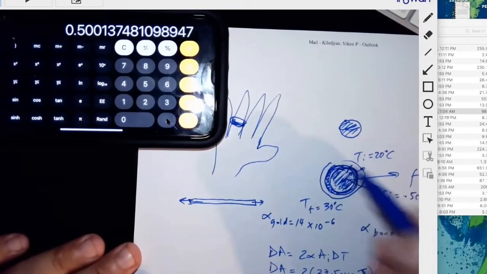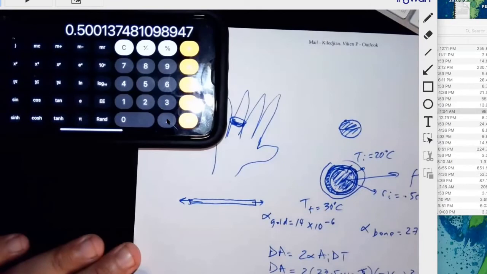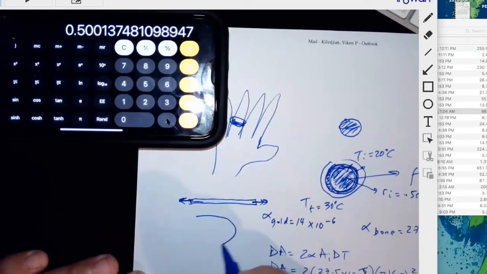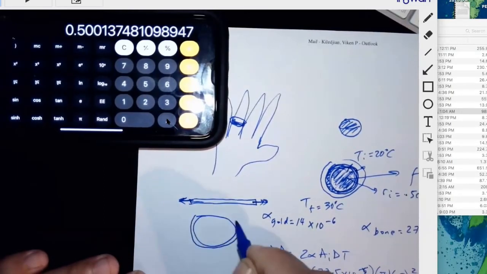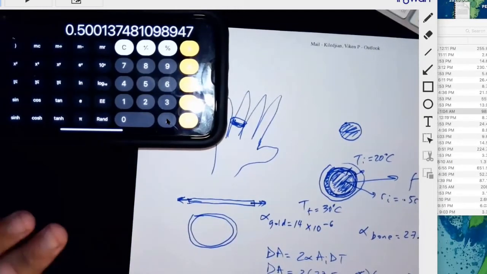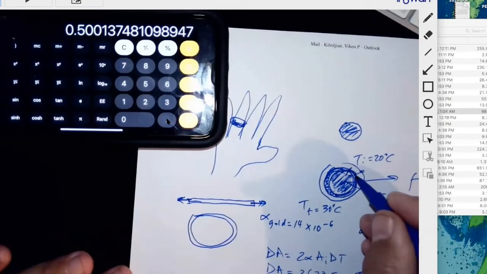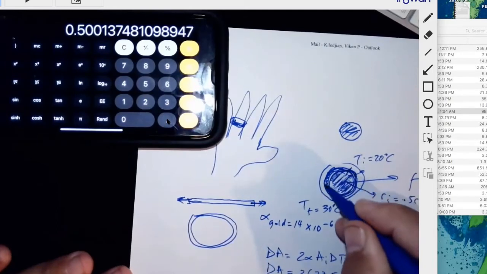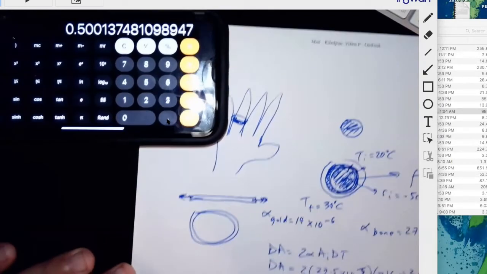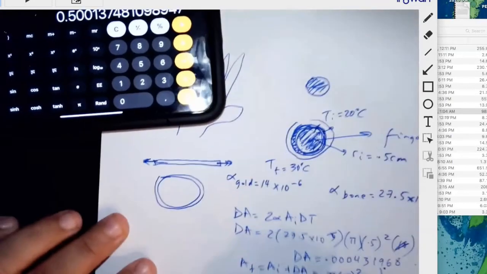All I need is for the inner radius of the ring to expand, so that it's larger than this number.